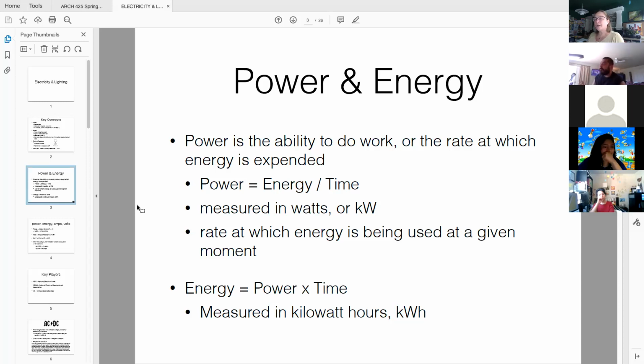So it's over a period of time. You have to have that time factor in there, and then the power factor. It's like the flow rate.